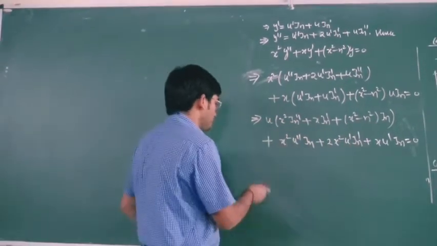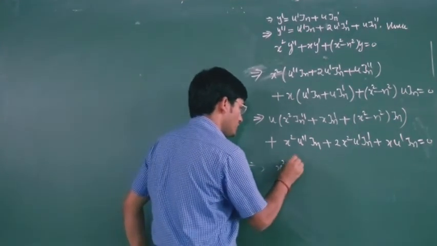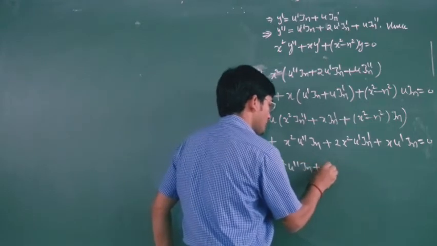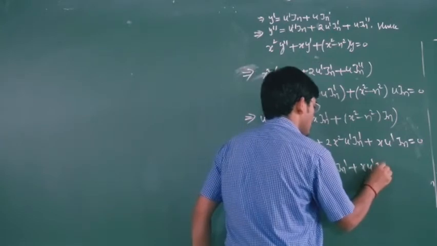Now if it is 0, we have x square u double dash Jn plus 2x square u dash Jn dash plus x u dash Jn equal to 0.